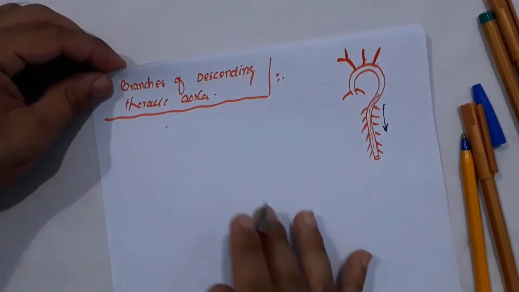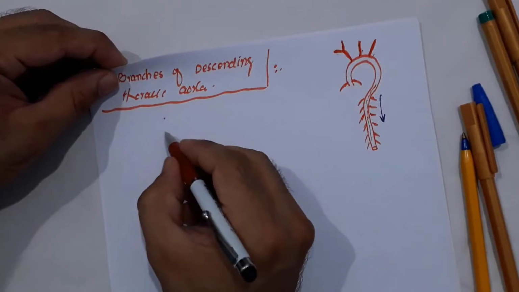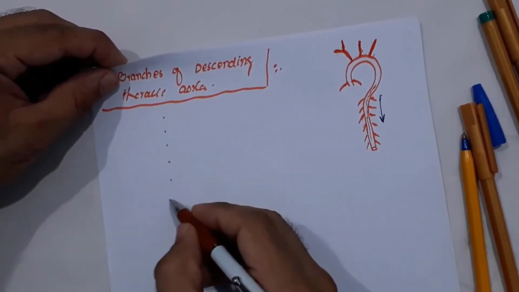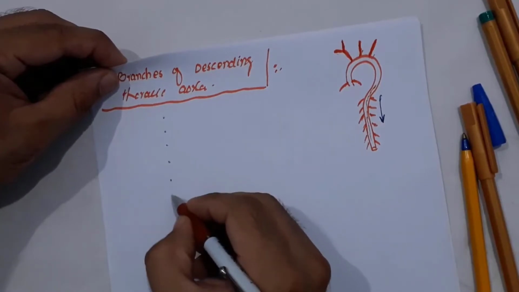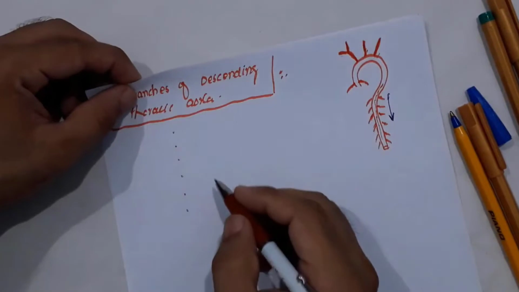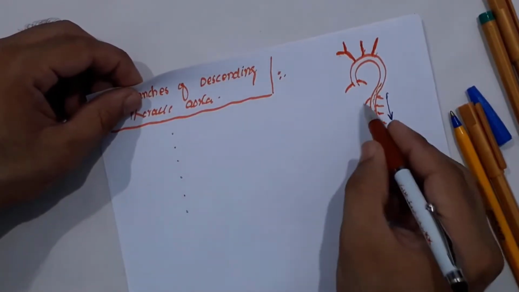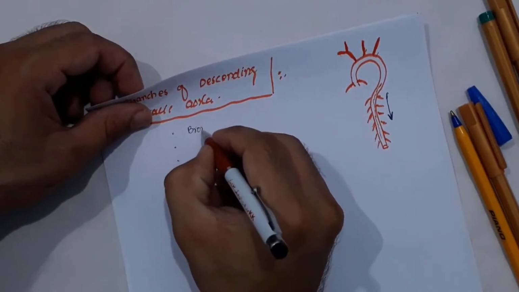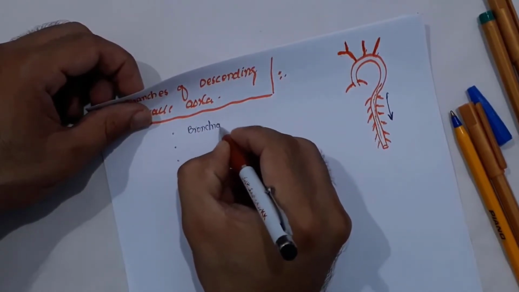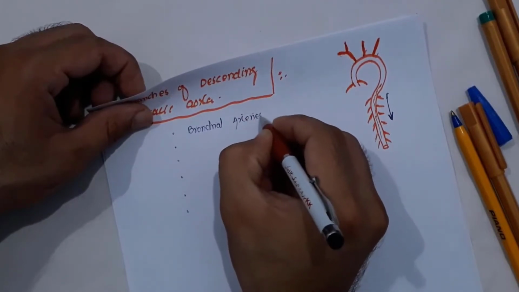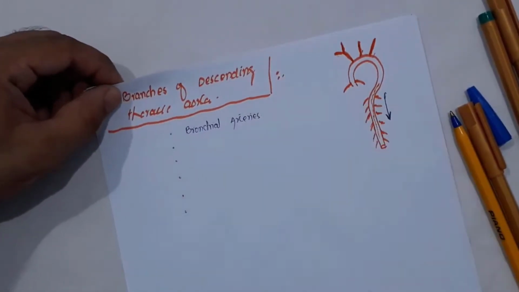Friends, let me name all those branches first, then we will make the diagram and discuss each artery in detail. From the descending thoracic aorta, the first branch that arises are the bronchial arteries. Don't worry, I will discuss them in detail.